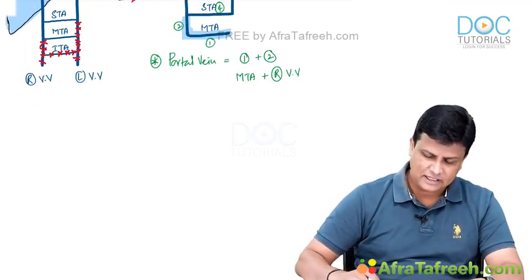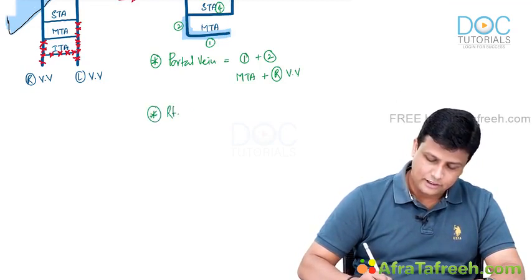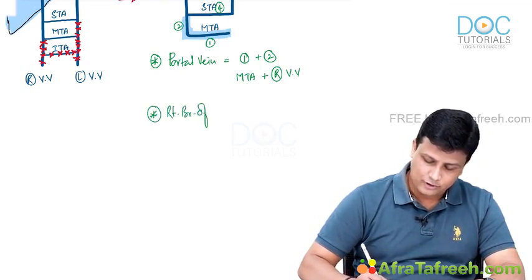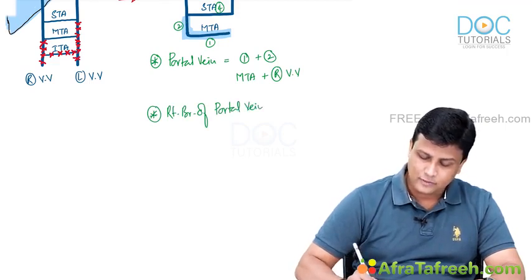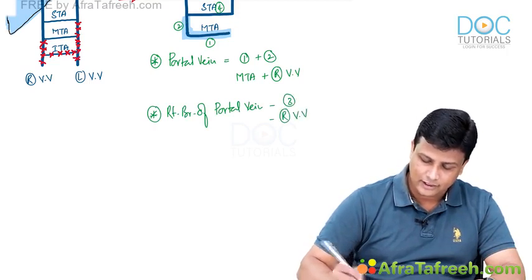I hope now you can easily manage the right branch of the portal vein. The right branch of the portal vein is formed by what only? Only number 3. And what is number 3 there? The right vitelline vein.